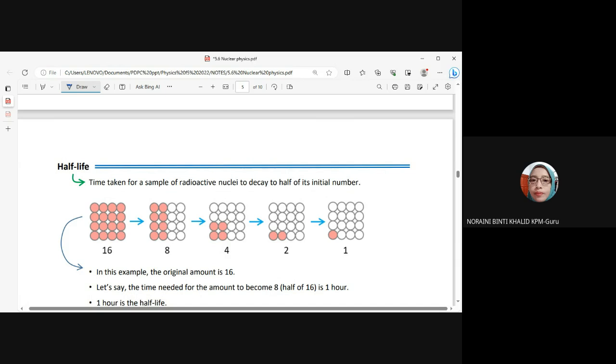Normally untuk tracer tadi, dia tak boleh lebih daripada 6 atau 8 jam. Cannot be more than that. So certain amount of the radioactive substance, it cannot stay longer in your body. It's very dangerous. That's why we need to know the half-life. Perlu tahu half-life dia.